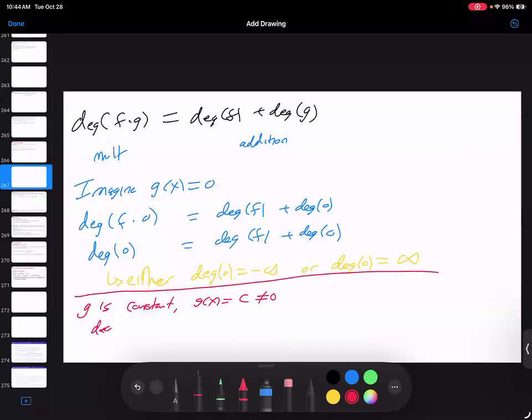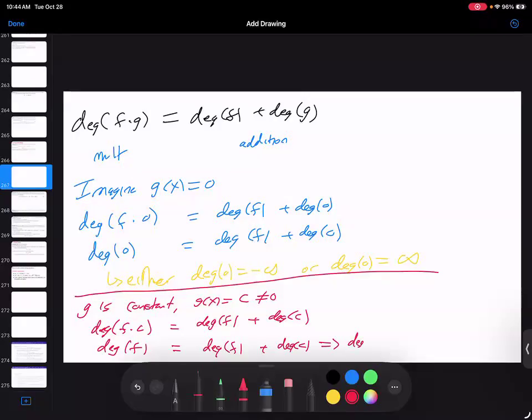We want the degree of f times c to equal the degree of f plus the degree of c. The degree of f times c is the same as the degree of f, because c is a constant, it doesn't change the power of the highest degree. That's equal to the degree of f plus the degree of c. So what's the degree of our constant?